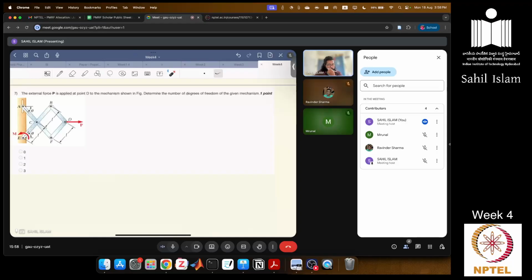But they are connected. These arms and these arms are connected via C, and DB is connected, and DF is also connected. So you can imagine, I can draw it here. If you pull it like this, the whole thing will become something like this, right? It's tough to draw.